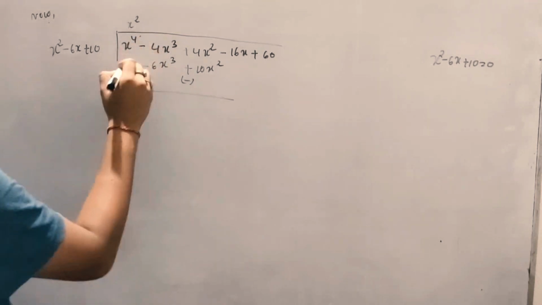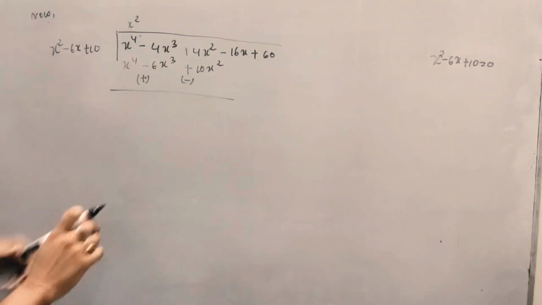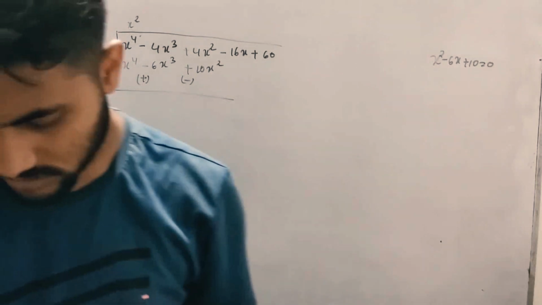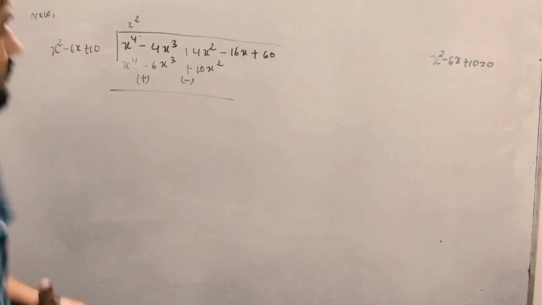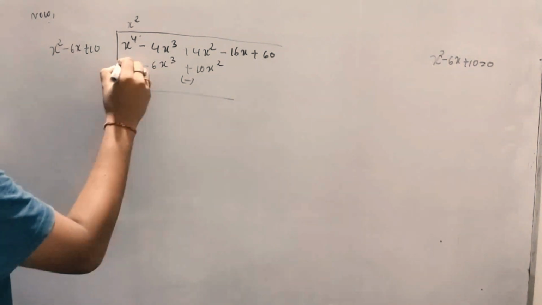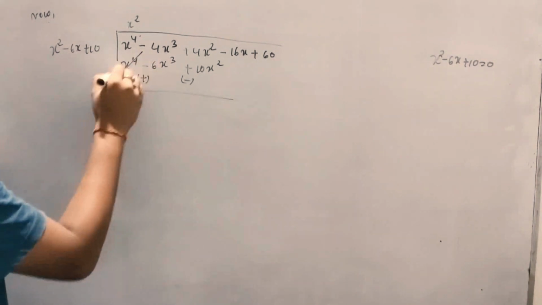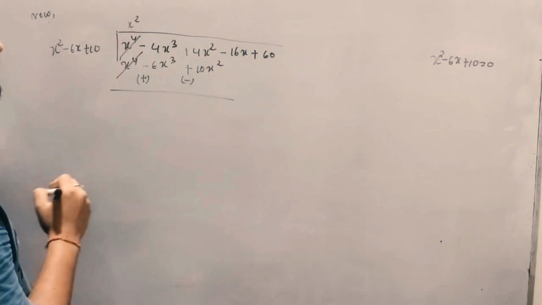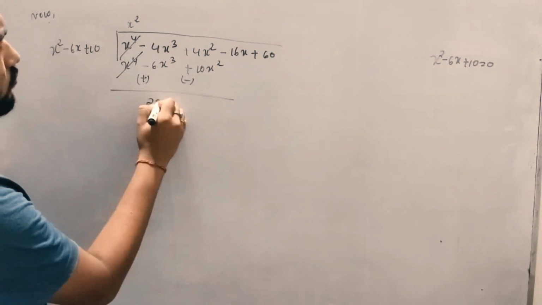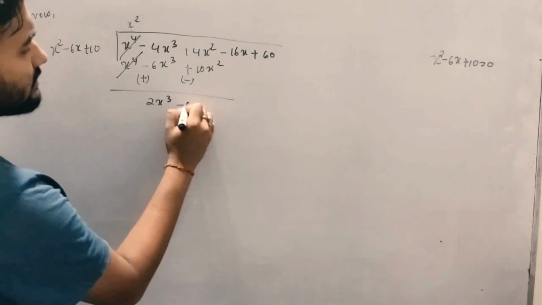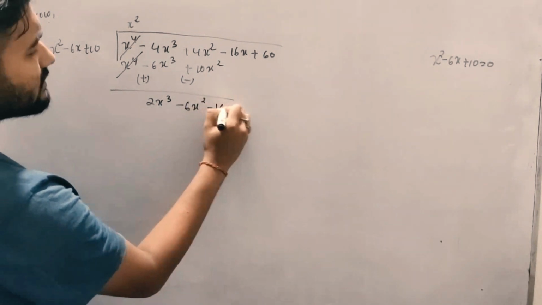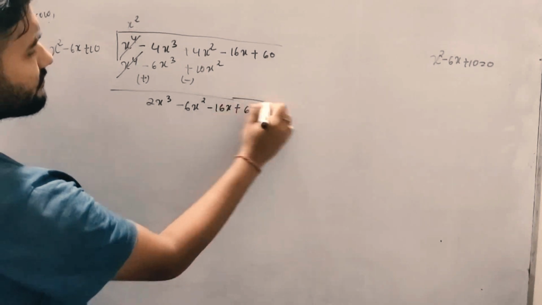This is x to the power of 4, this cancelled. Minus 4 plus 6 is 2, right? 2x cube, plus 4 minus 10 is minus 6x square, minus 16x plus 60.